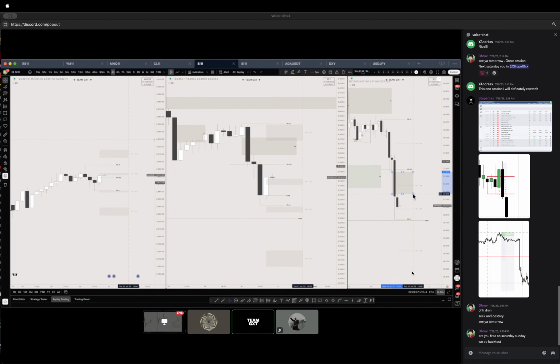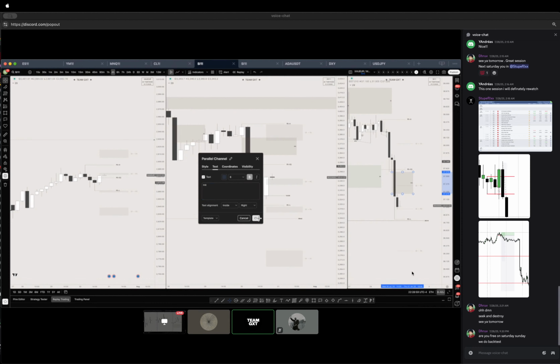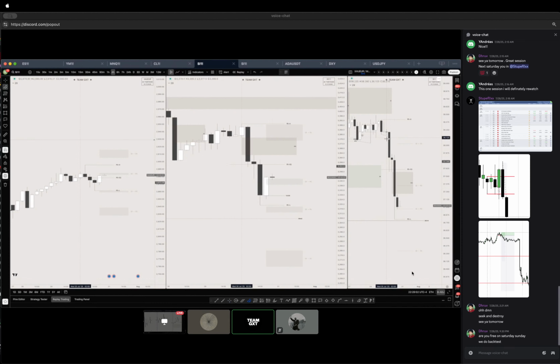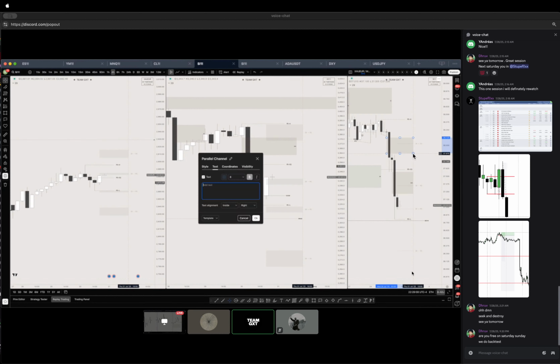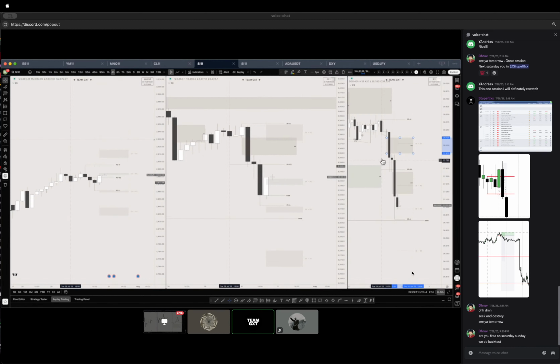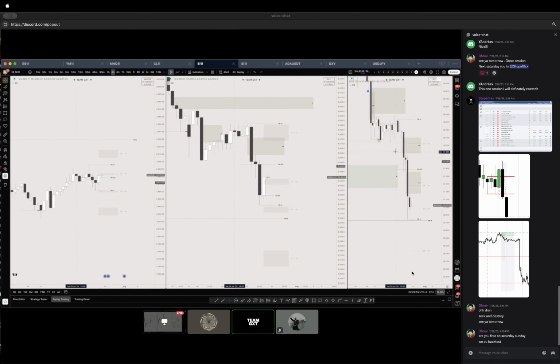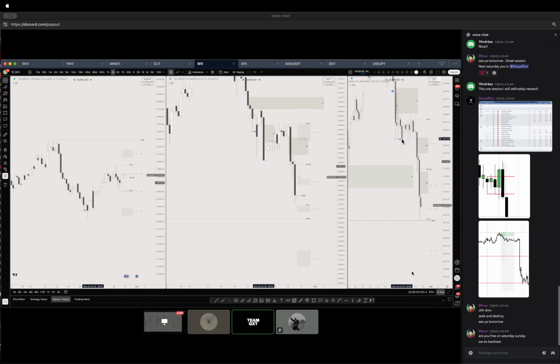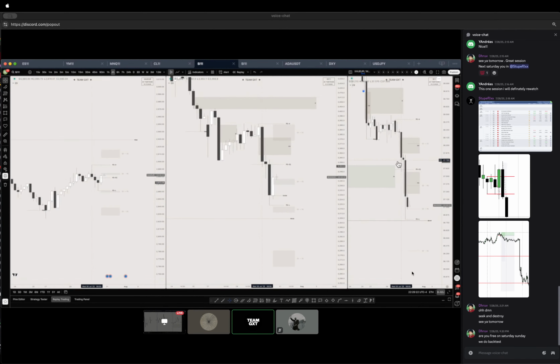Silver looking even weaker. Okay, there's Statmap. Our Statmap level is here in this H4 fair value gap on silver. I think we can get rid of that weekly fair value gap.